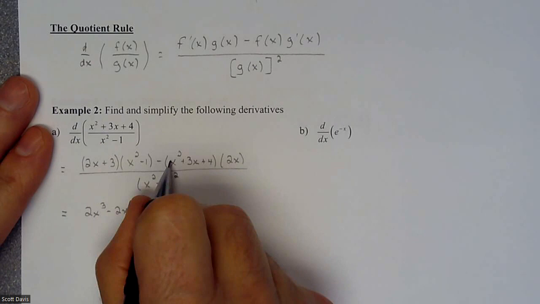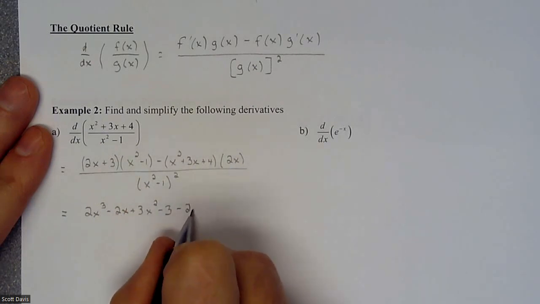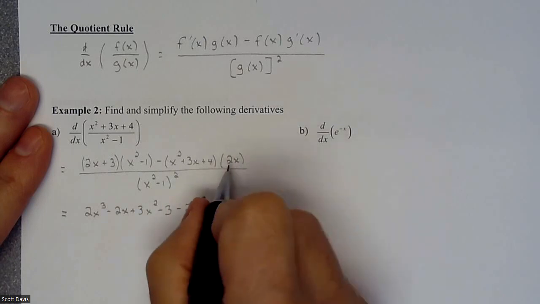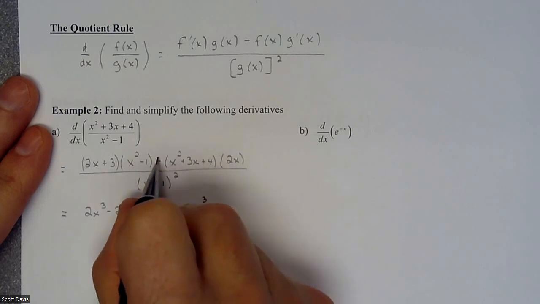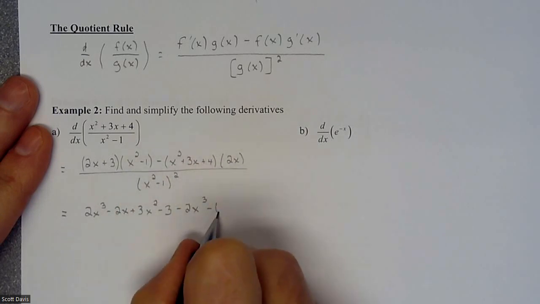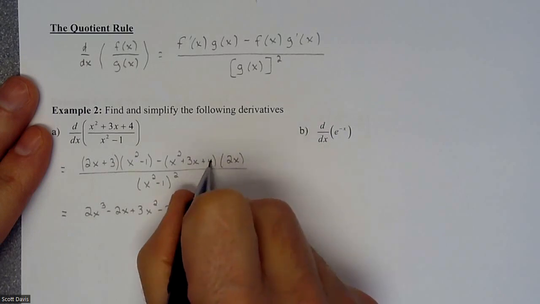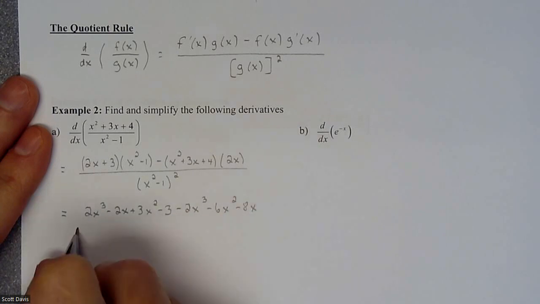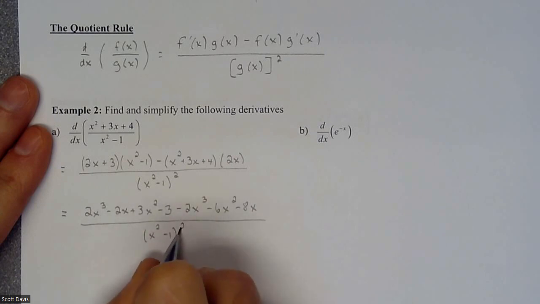So that's going to be negative 2x to the third. And then we're going to have a 6x squared with a negative, negative 6x squared. And then 8x with a negative. And all of that is divided by x squared minus 1 squared.